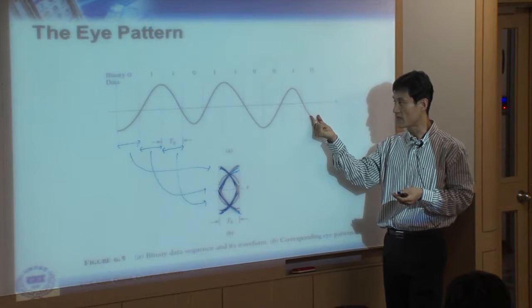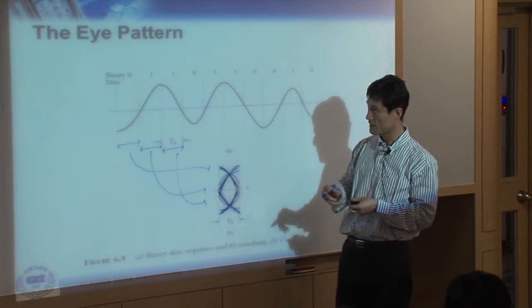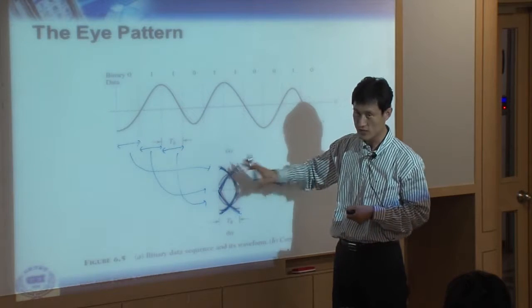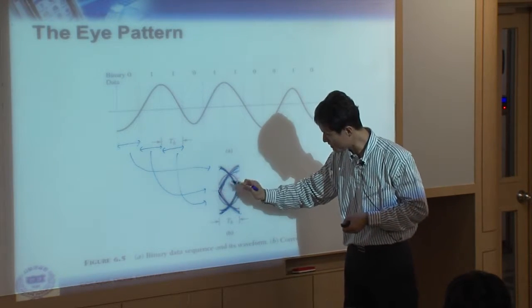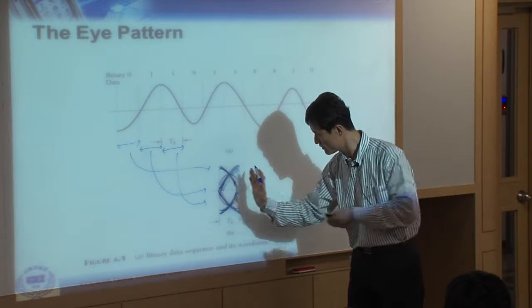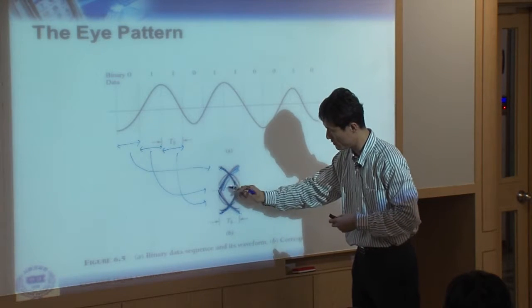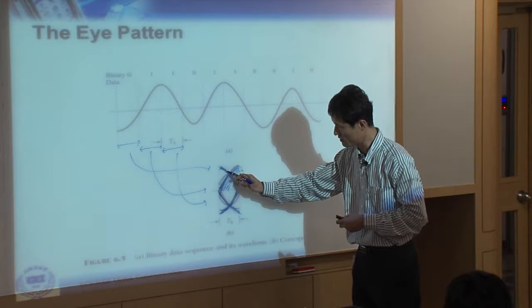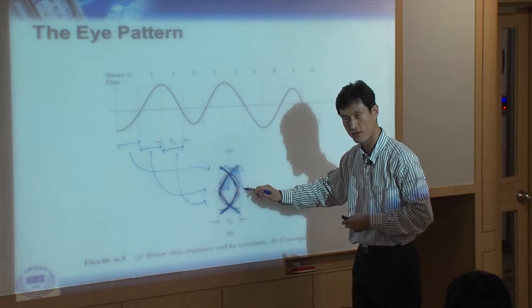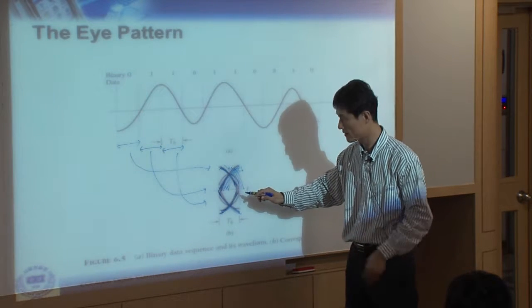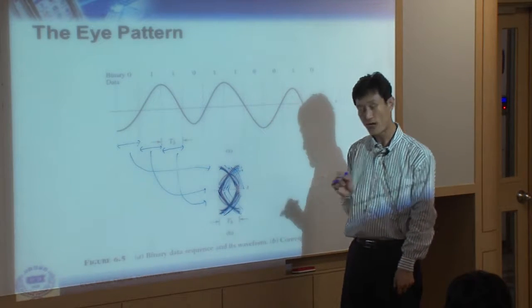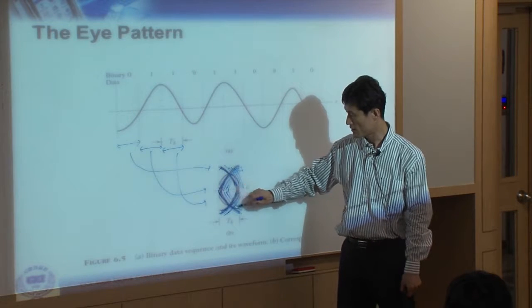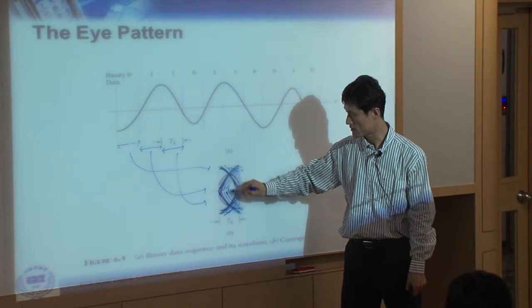Then when you draw like 1,000 samples, 1,000 regions, this one moves to the right a little bit, like this. Same here, moving a little bit off, right? If you have a timing issue, the picture will look like this.